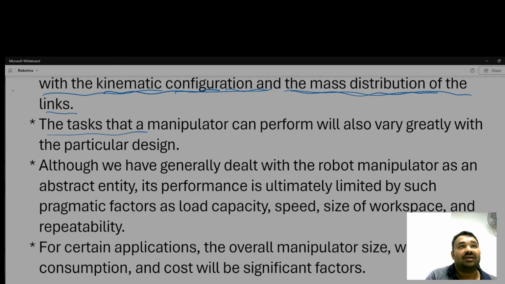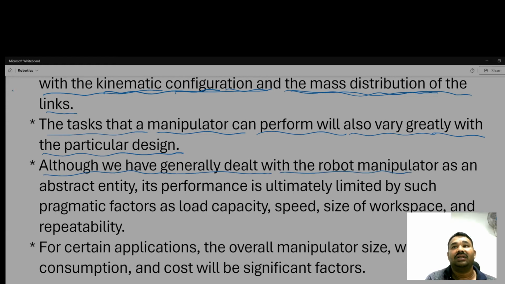The next: the task that a manipulator can perform will also vary greatly with the particular design. Before this we talked about kinematic configurations. Now the other parameters, like the particular design. Although we have generally dealt with the robot manipulator as an abstract entity, the kinematic configurations affect the kinematic analysis and dynamic analysis.